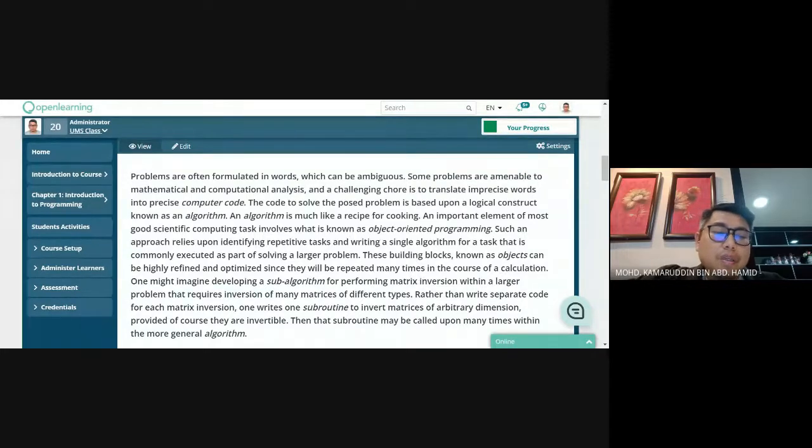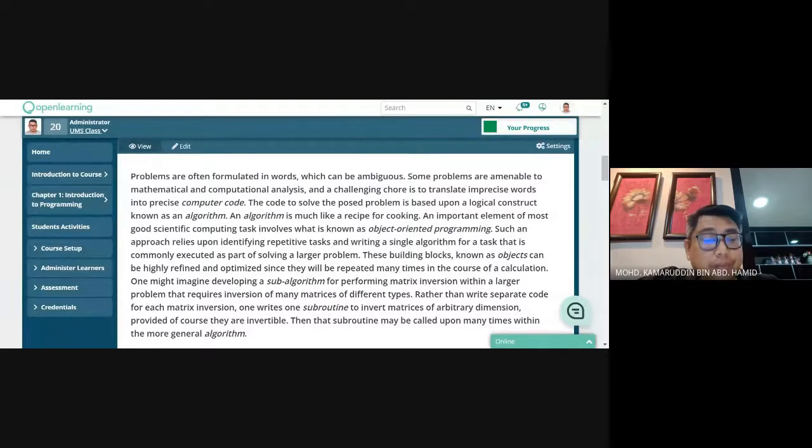Usually in class, when we're talking about solving a problem, the problem is created and formulated purposely to cover or satisfy your learning outcome, or purposely designed to assess your understanding, your mastery skill, your capability in, for example in our case, doing some simple programming in order to obtain the solution for that problem.